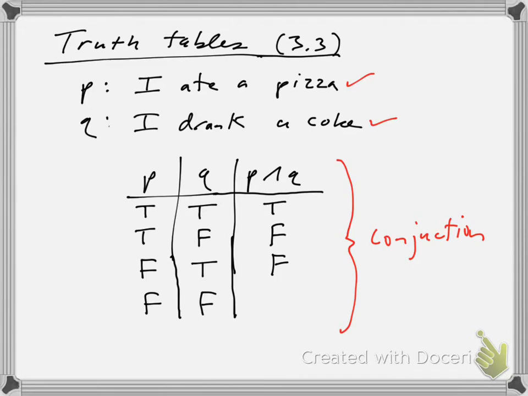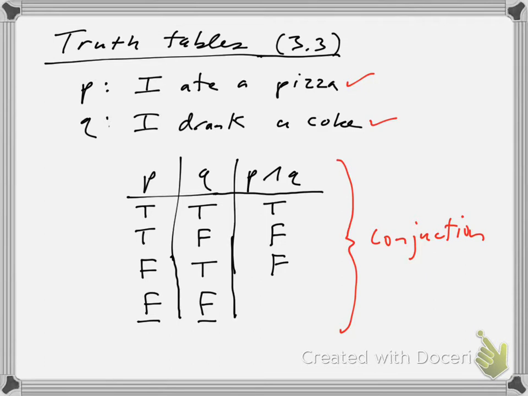And then, this one's kind of weird. It's false and false, so that means I didn't eat a pizza and I didn't drink a Coke. Both are false. So the question of, I ate a pizza and I drank a Coke, would be false, because it's false that I ate a pizza, which means I didn't eat one, and it's false that I drank a Coke, which means I didn't drink.